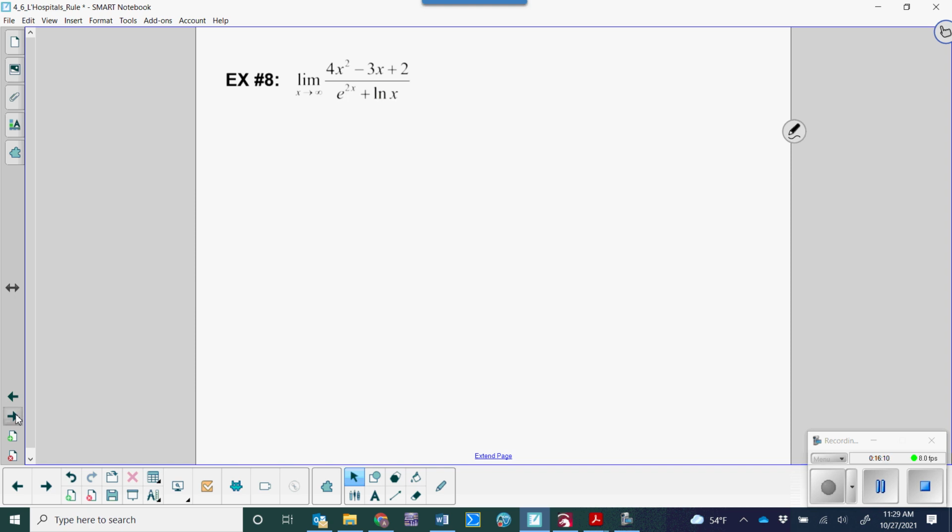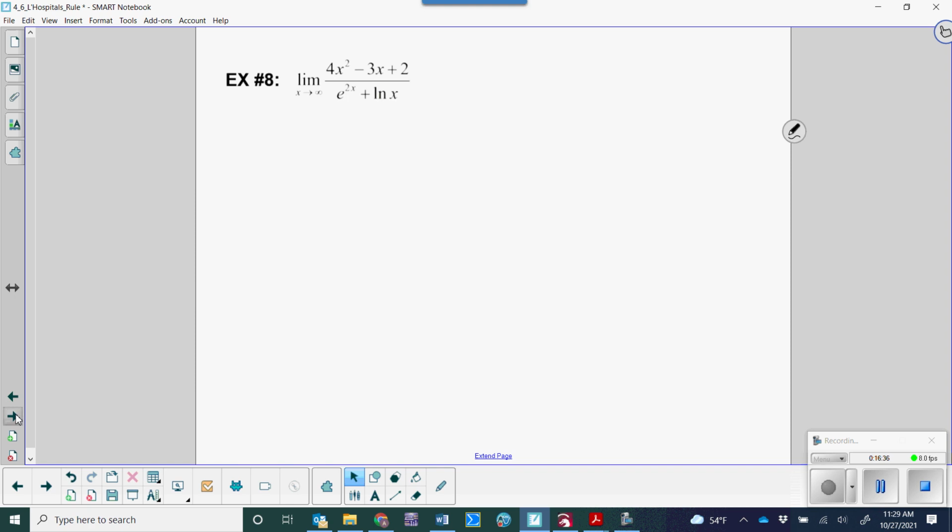So on example 8, again, I can also use L'Hopital's rule. But we're also going to start to learn some things, because you don't actually have to show steps when you do limits other than L'Hopital's rule. I really don't have to show, I just need to do the limit when it's a clear limit that I can figure out. I'm going to infinity, okay? The top is a power function.